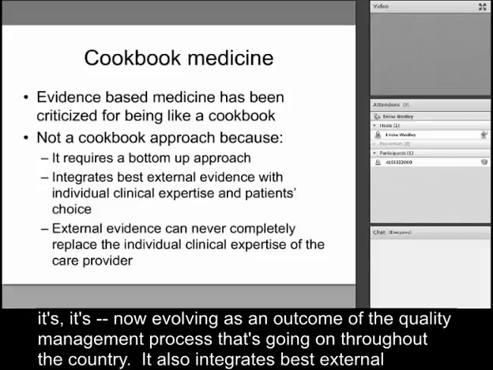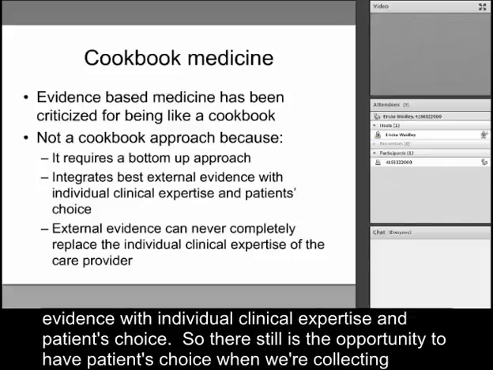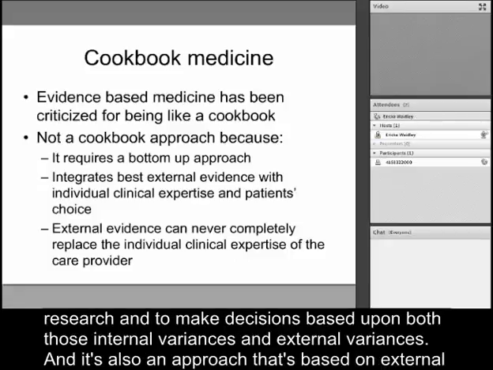It also integrates best external evidence with individual clinical expertise and patient's choice. So there still is the opportunity to have patient's choice when we're collecting research and to make decisions based upon both those internal variances and external variances.